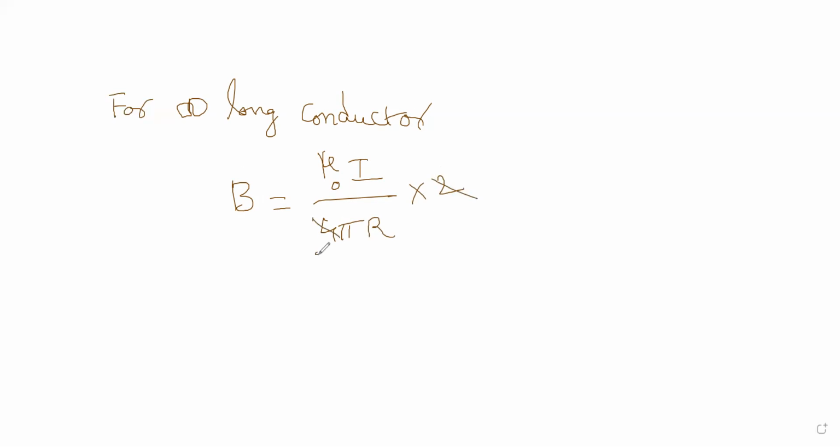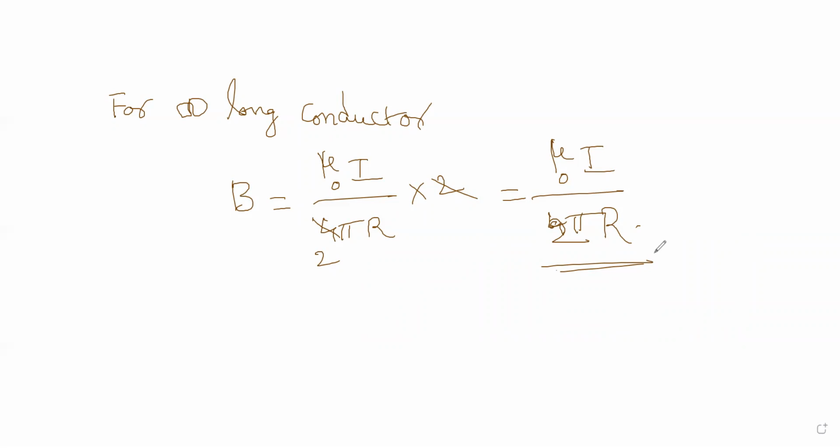So this one and this one get cancelled, and you have mu naught I divided by 2 pi r. That's the formula for an infinitely long conductor. Please note this.